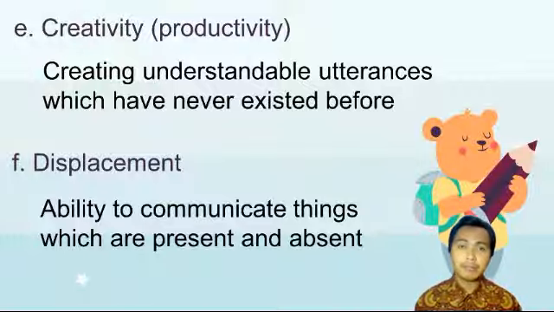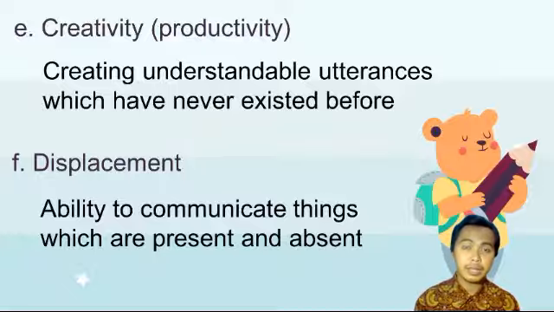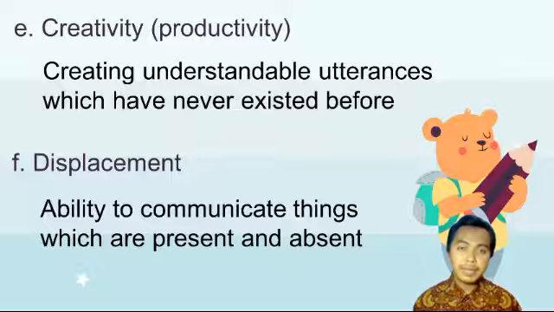This is apparently a rare phenomenon known as displacement. It also happens occasionally in the animal world, especially in the honeybees' expressions when they talk about the whereabouts of honey. But it is very limited to certain groups of animals and also very limited to certain functions only.